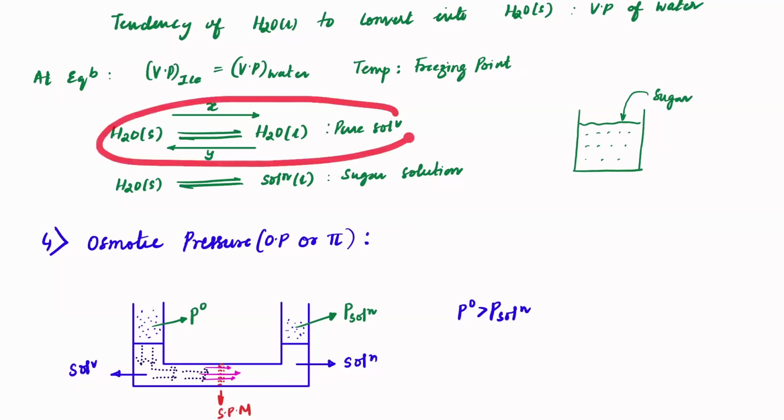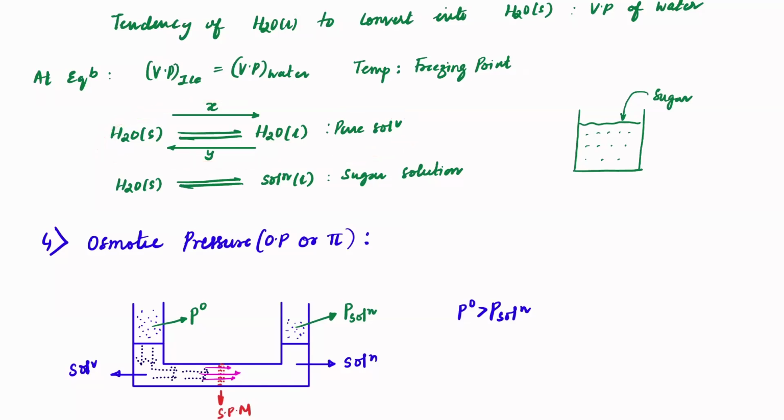Now, what would happen for a liquid solution? If you have solution, for ice to convert into liquid, it still will have the same vapor pressure, but for solution to convert into solid, it will have a different vapor pressure, and you will notice that z will be less than y.